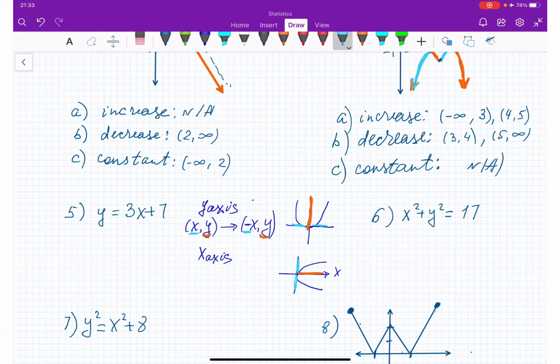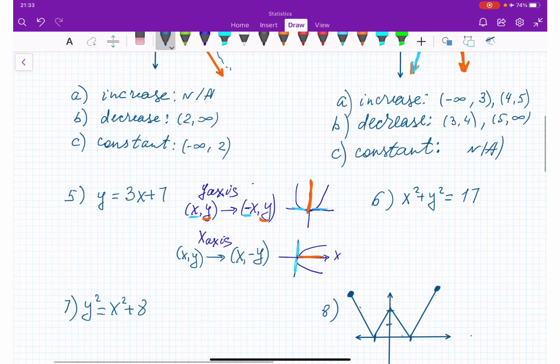Yes? Okay. So for the x-axis, for every point (x, y), it will match the point (x, negative y). So y is changing in this case.